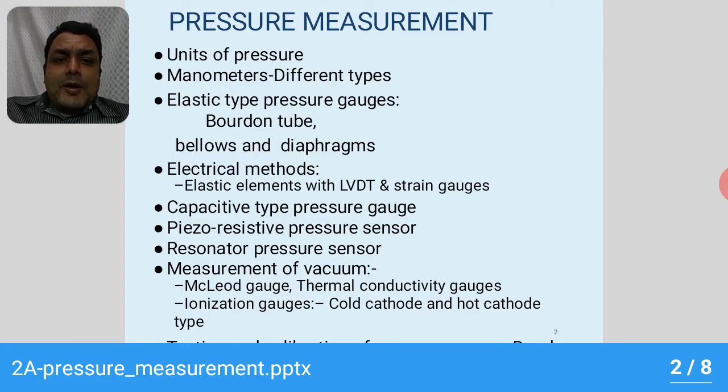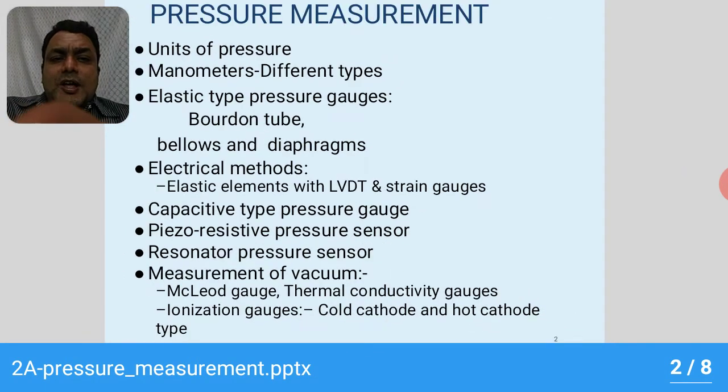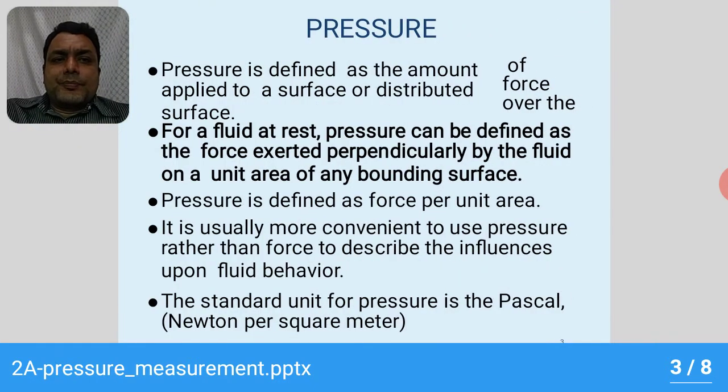We have McLeod gauge, thermal conductivity gauges, ionization gauges, cold cathode and hot cathode gauges, etc. So these are some of the pressure measuring instruments which are used in industrial environments.